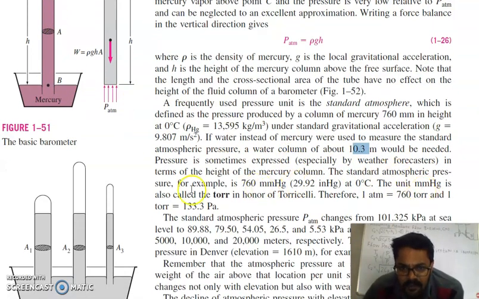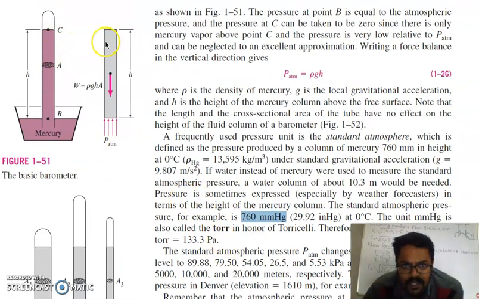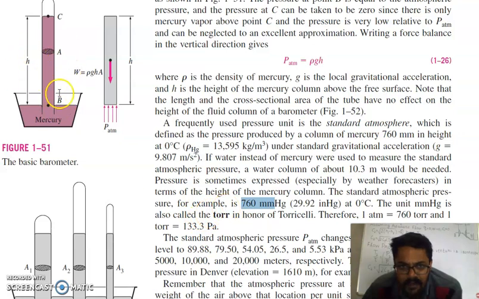So we use mostly the mercury barometer. The standard atmospheric pressure, for example, is 760 mm Hg. So whatever the pressure here, due to this height, this is 76 centimeter or 760 mm of mercury column. This is a standard in the open atmosphere, and we usually compare by this pressure.